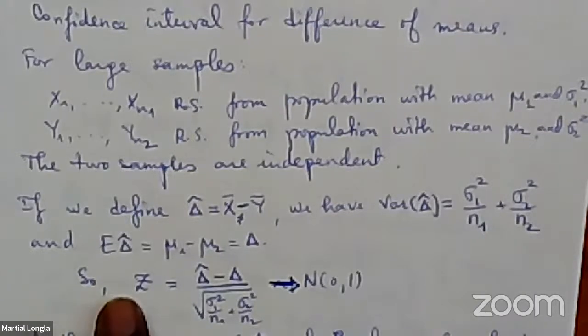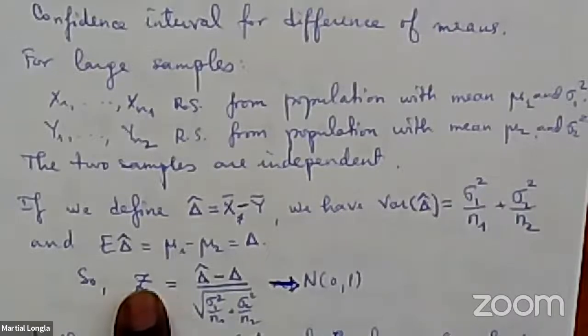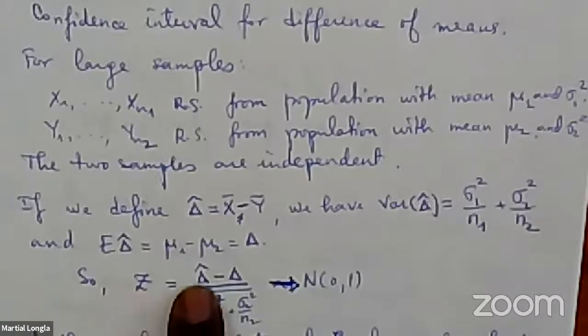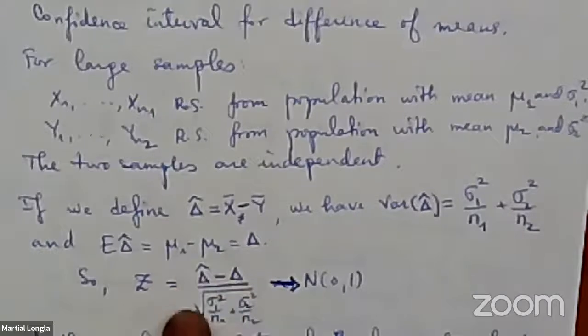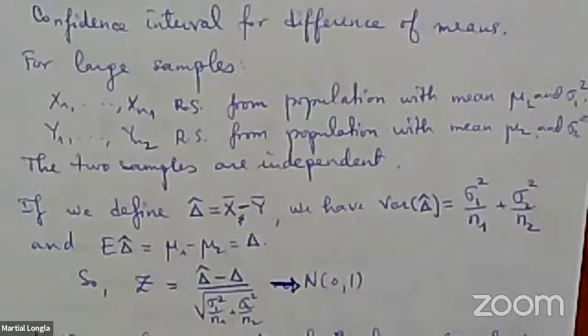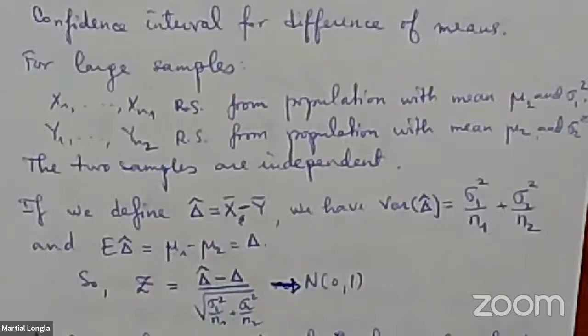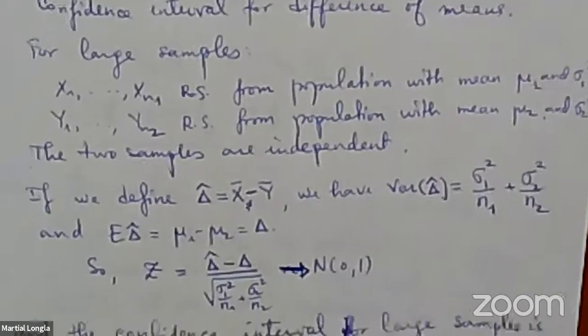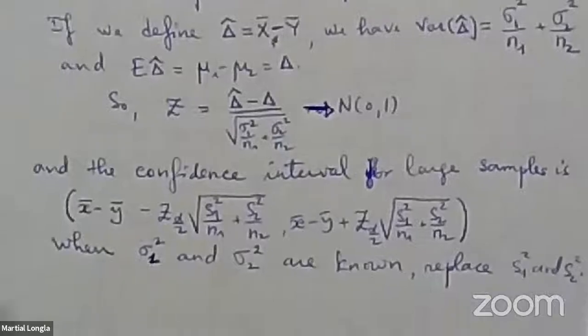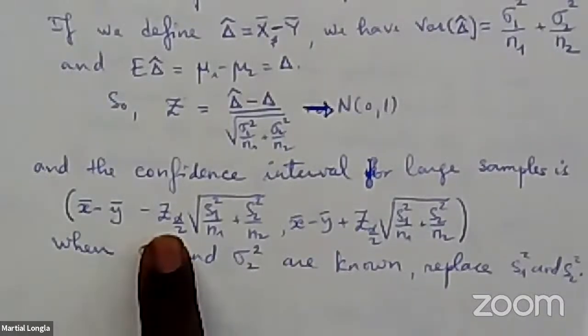Given that this is true, the random variable defined by the central limit theorem, delta hat minus delta over the square root of its variance, converges to normal 0, 1. This means that as the sample sizes get large, it goes to the normal 0, 1 random variable, which means we can also build a confidence interval in this setup using z.